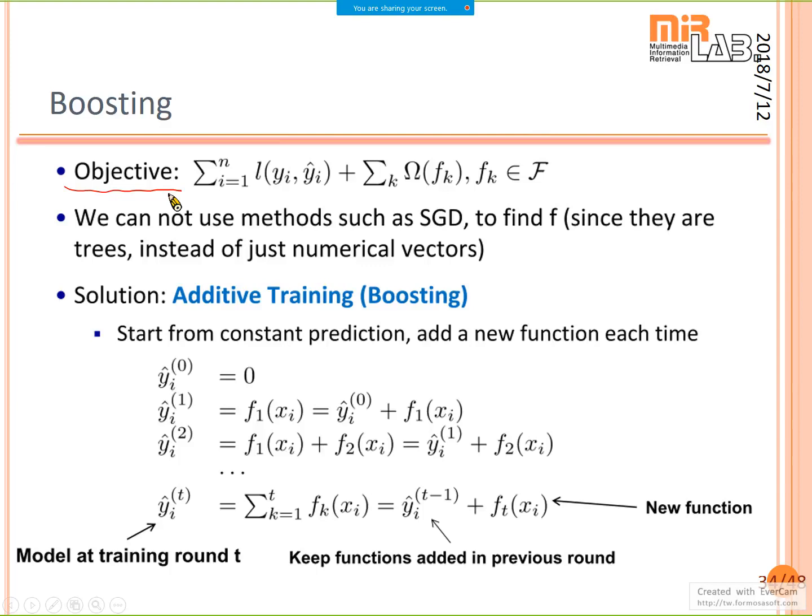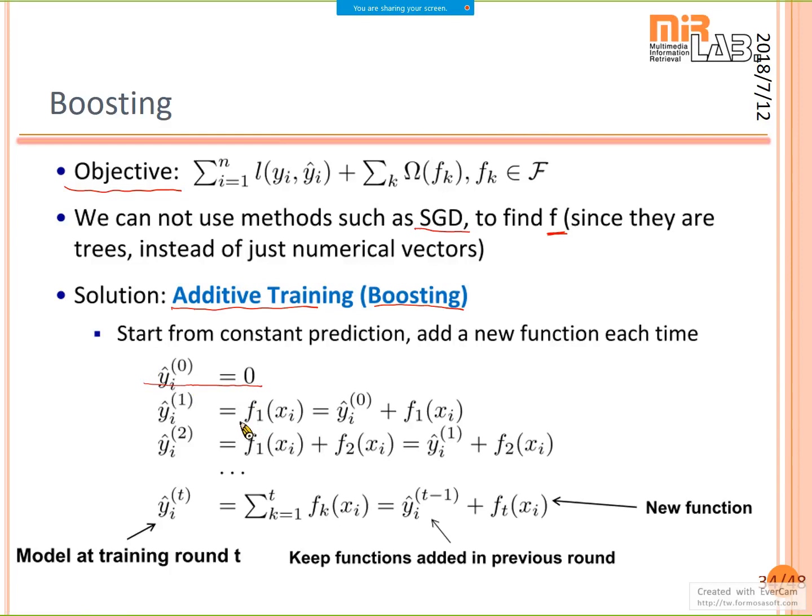So it's hard to use stochastic gradient descent because we are not only optimizing the parameters, we are going to find the tree and choose the base structure for the tree. So again, we are going to use additive training, or the so-called boosting. Initially, we have a simple model, which is equal to 0.